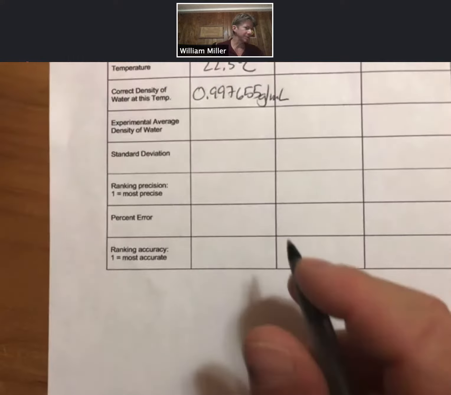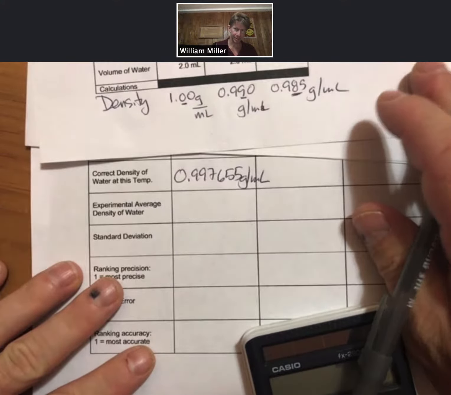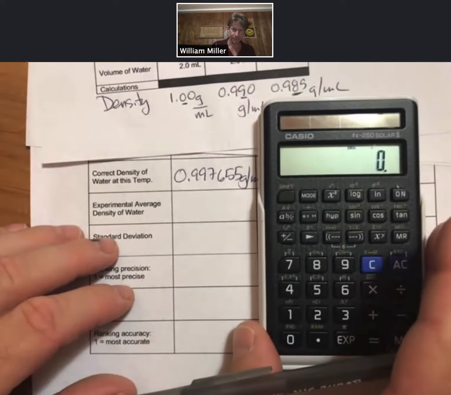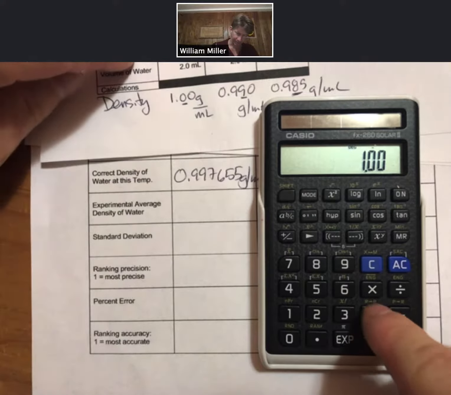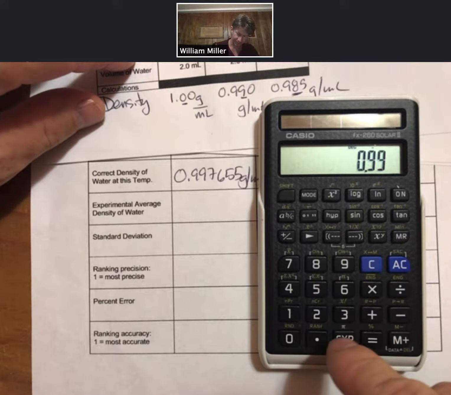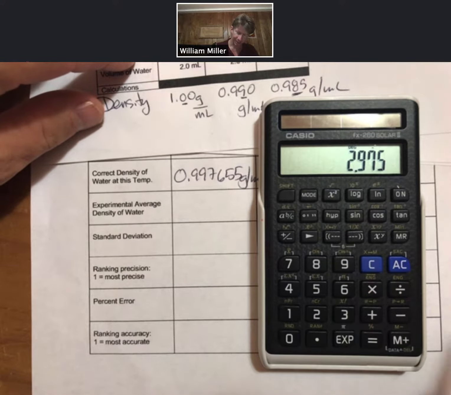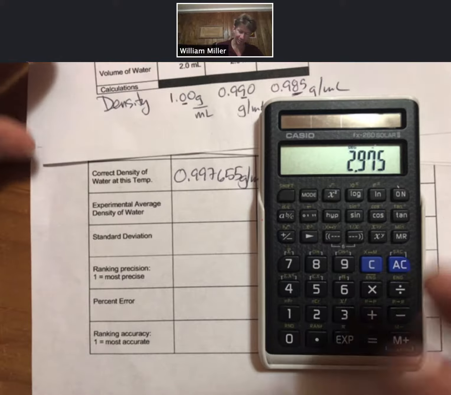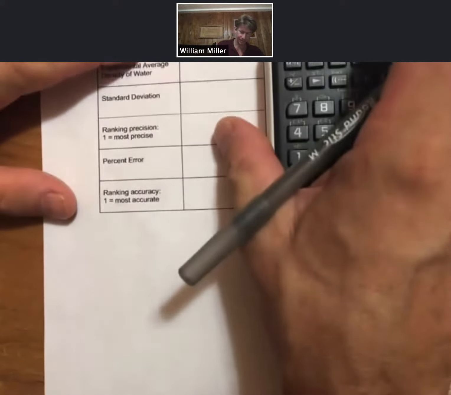To average those, I take 1.00 plus 0.990 plus 0.985. I get 2.975. And in fact, let's stack them up.